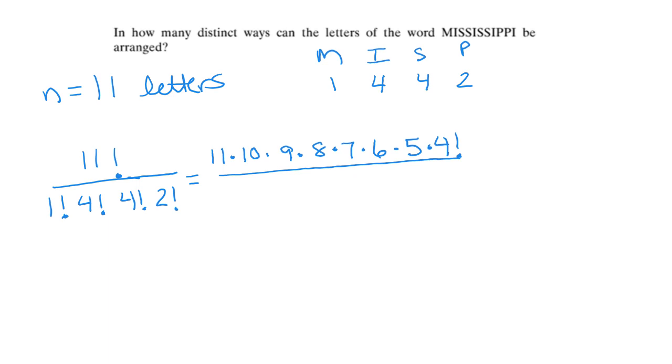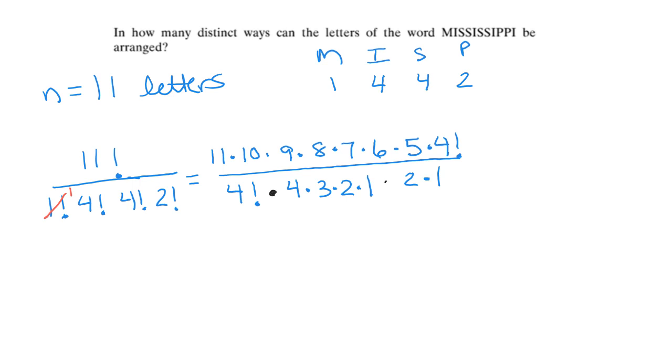The 1 factorial over here is just 1. So I'm going to leave that off. I'll leave the first factorial as is. The second factorial for 4, I'm going to do 4 times 3 times 2 times 1. And then for the 2 factorial, that is 2 times 1.